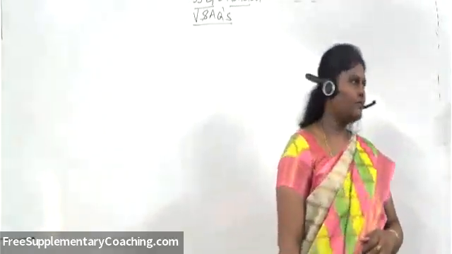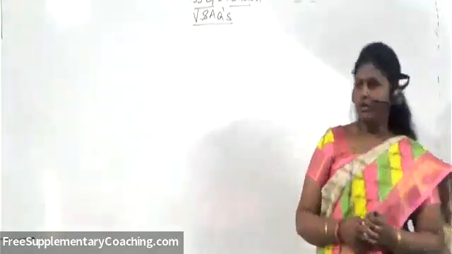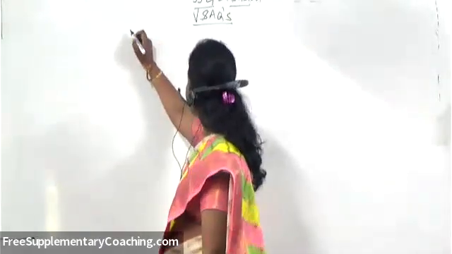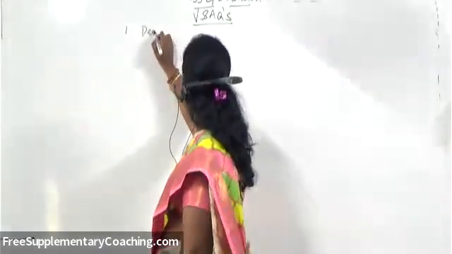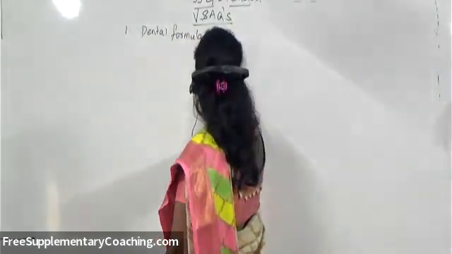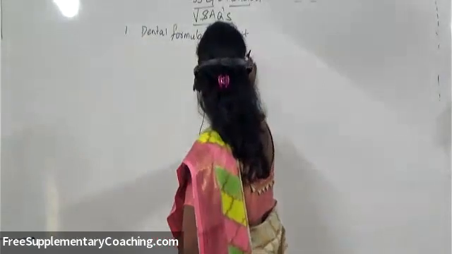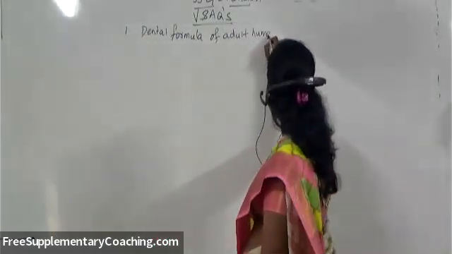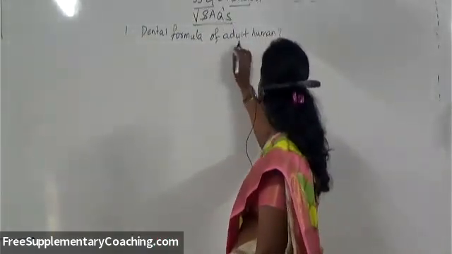In that, the first question, you would already be knowing the dental formula of human beings. Give the dental formula of an adult human. When they ask this VSQ, what will you write? First of all, you should write what is meant by dental formula.